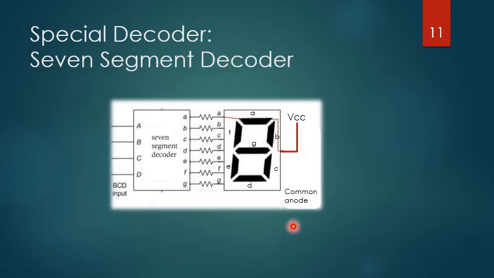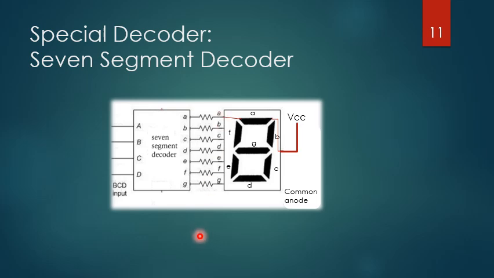Okay, so as I mentioned just now, the version of the 7-segment display plays a very important role for you to decide how to design the 7-segment decoder. If you are using common anode 7-segment display here where all the segments are tied to VCC, then to turn on a segment, say segment A, your 7-segment decoder needs to produce 0 instead of logic 1.